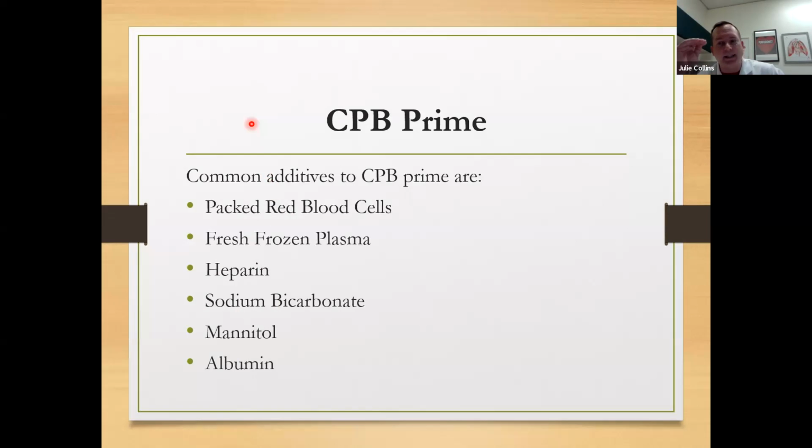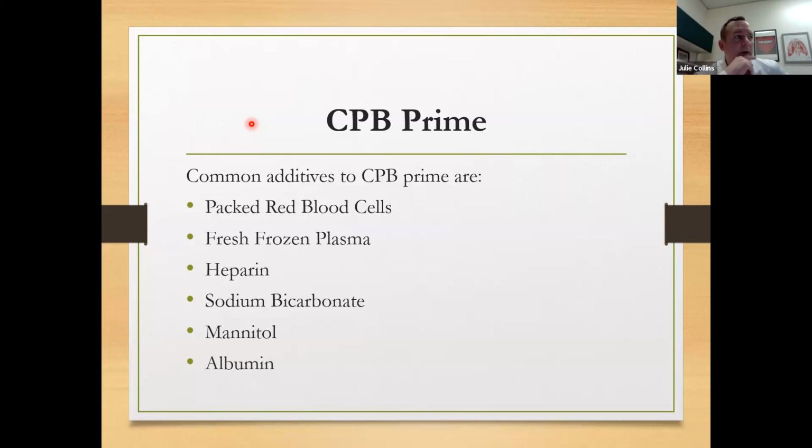If that's a highly acidotic prime, that's going to do damage once you go on, okay? Keep in mind as perfusionists, everything we do is insult to the body, everything we do. We always want to minimize that insult. If we're talking about blood volumes, it's quite possible my prime volume is the same as the blood volume of the kid I'm about to go on bypass with.